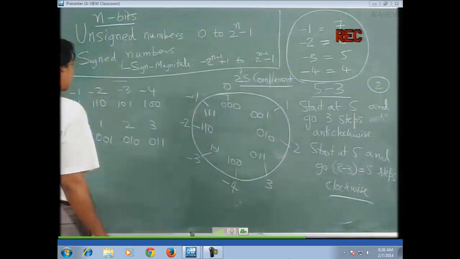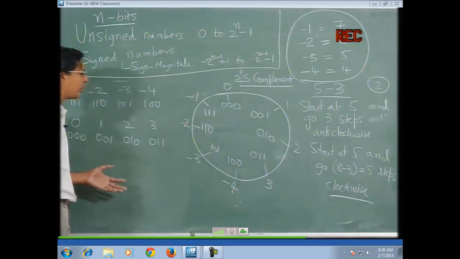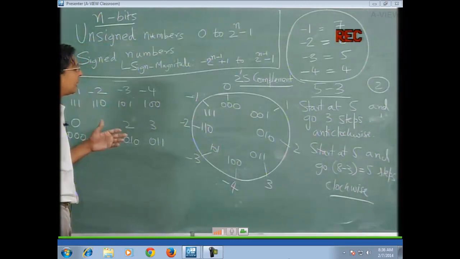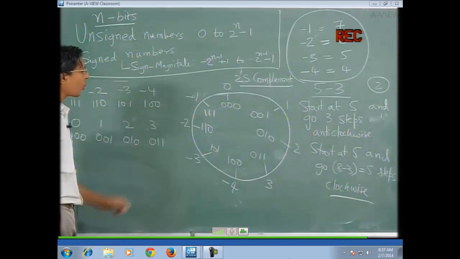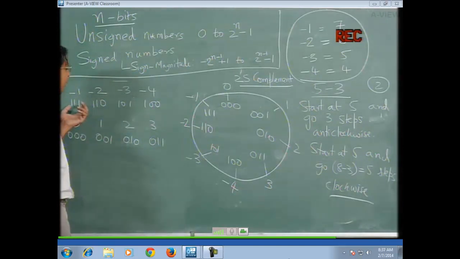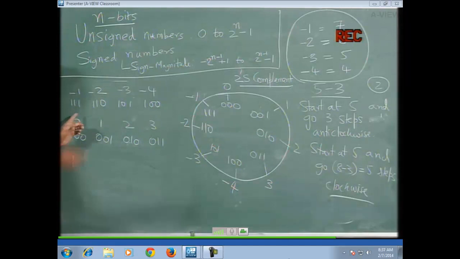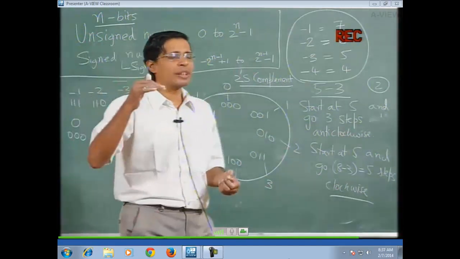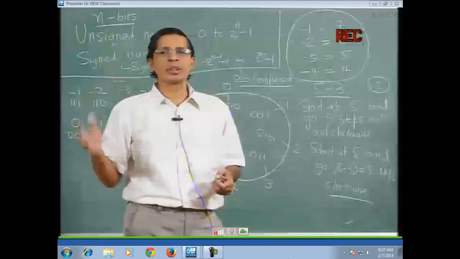For the simple reason, suppose I want to do 3 minus 1, it is 2 steps anti-clockwise, or it is 6 steps clockwise, and since -1 is modeled as 7, whenever I find -1, instead of going 1 step anti-clockwise, I will do 7 steps clockwise.